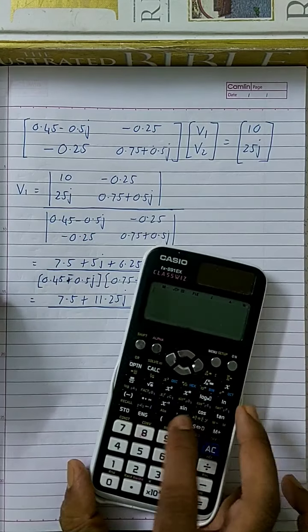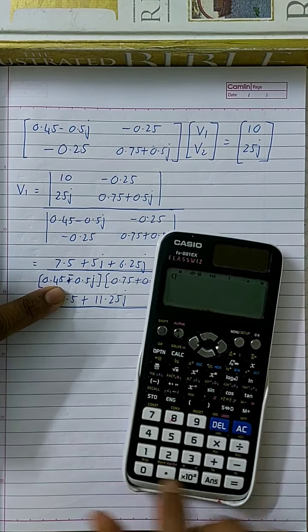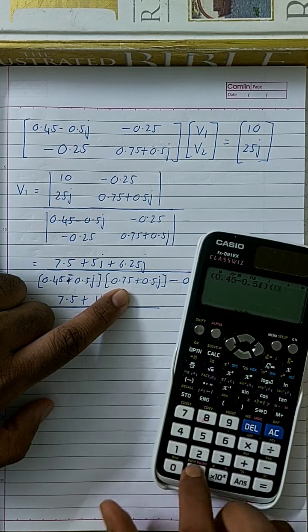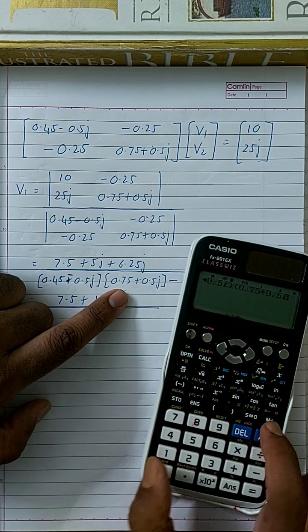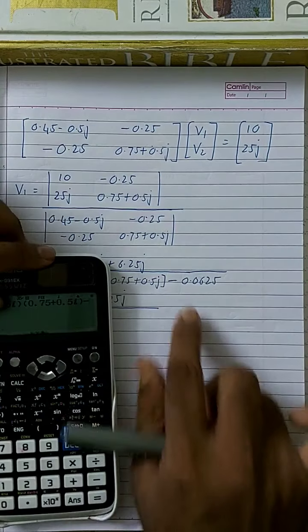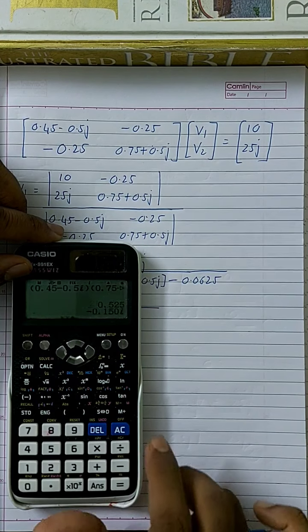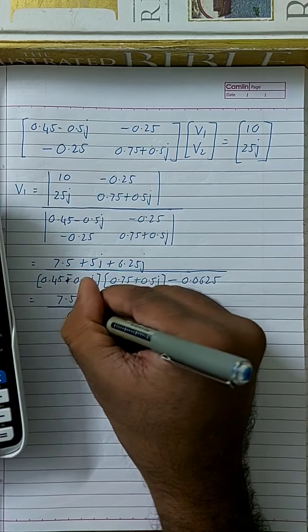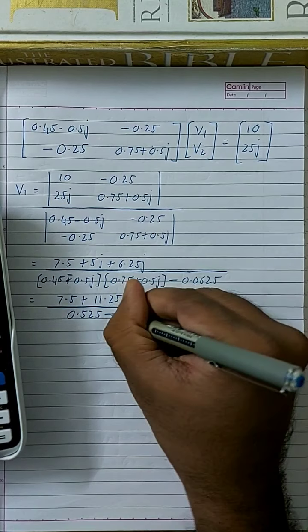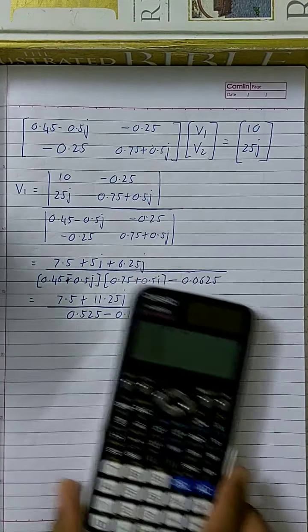The denominator is, we have 0.45 minus 0.5j into, here you have 0.75 plus 0.5j, minus 0.0625, and you will get 0.525 minus 0.15j.